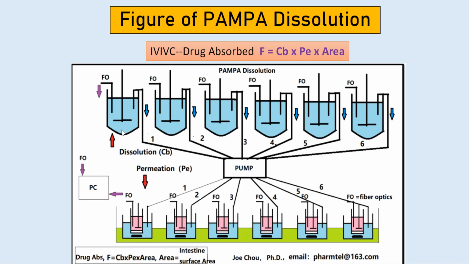So whatever the drug dissolved in dissolution will be pumped to the PAMPA side to permeate and be collected through these fiber optics. So same as this dissolution side. So data from this dissolution side for CB and permeation side for PE are all simultaneously collected through fiber optics and into the PC data recording, okay?